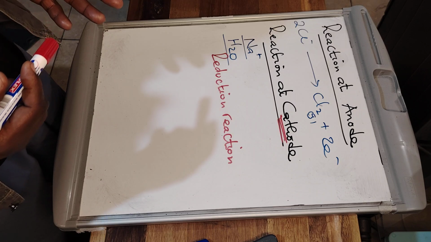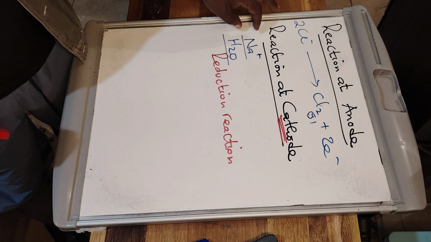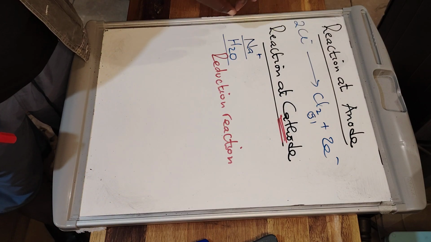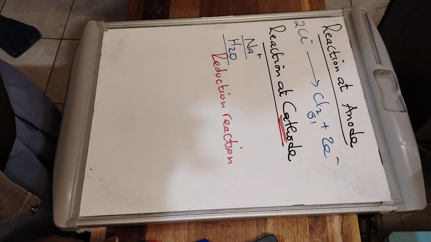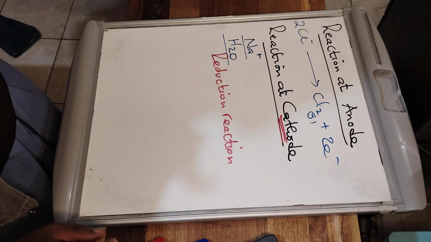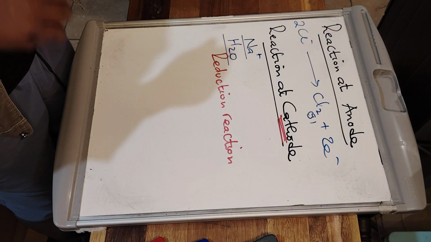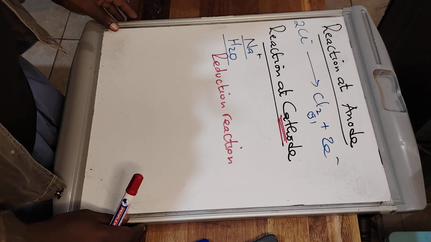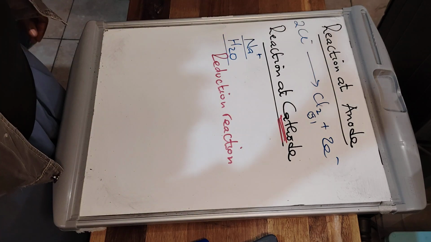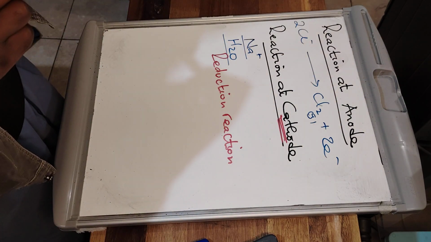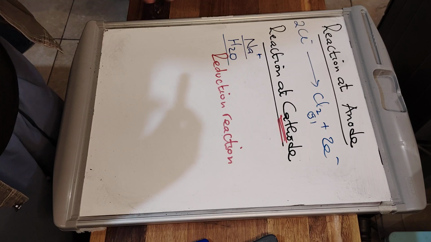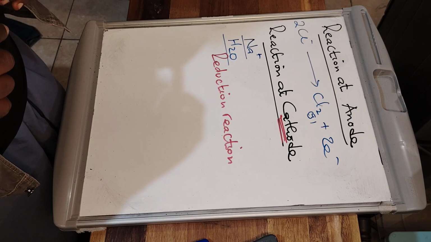So the question is, between sodium and water, which one is a stronger oxidizing agent? So there are two ways of doing it. You can use the values of the standard reduction potentials, or you can use the relative position of these two, water and sodium.